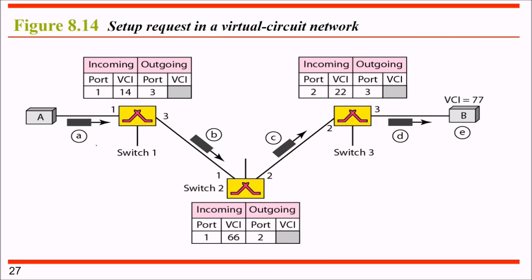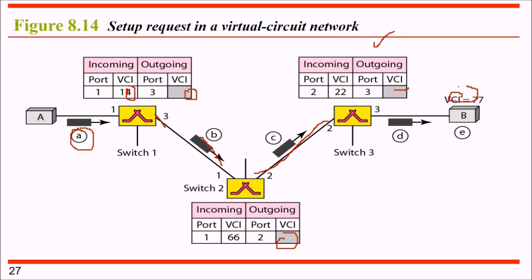And this is the setup request in a virtual circuit network, which is required. In the beginning, when the transfer takes place, say this is A, the incoming is 14, and there is no VCI assigned. For port 3, when it goes, again no VCI is assigned.